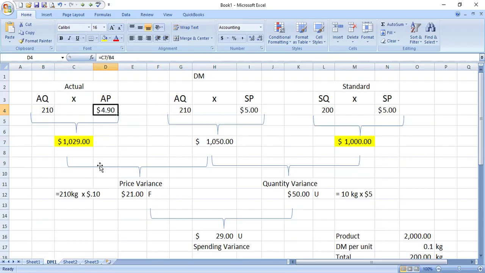The question is, who did a better job? The production manager or the purchasing manager? Who to blame? Who to reward? What do you think?